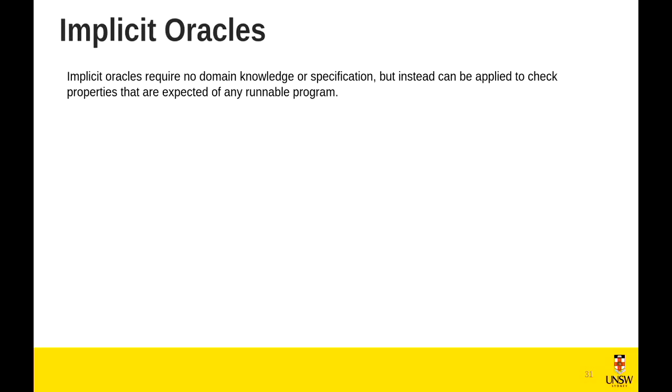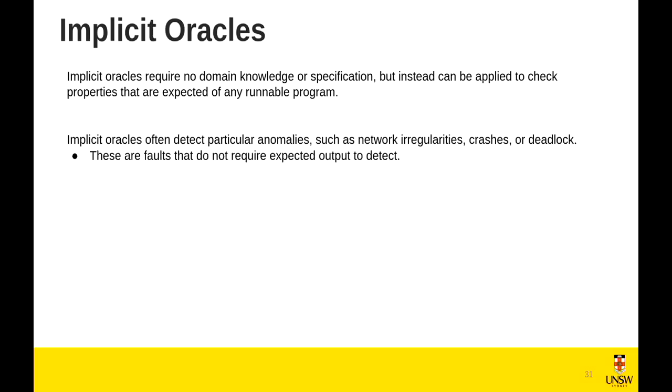It doesn't require domain knowledge of the program, the specification, or the semantics of the program, and it is actually used to check for the properties that should be applicable for any program.